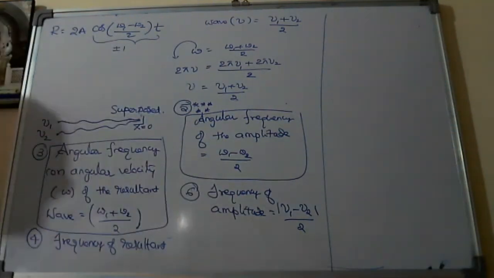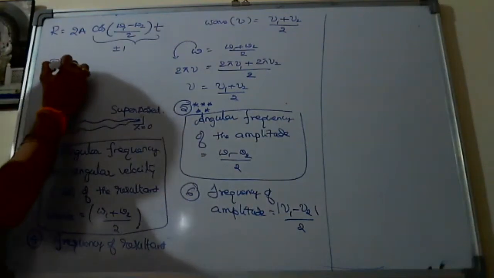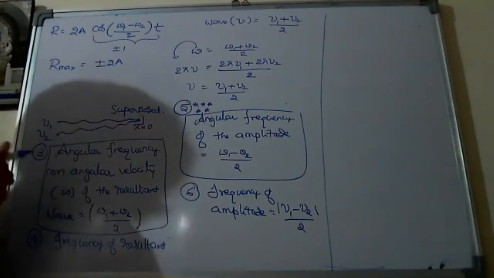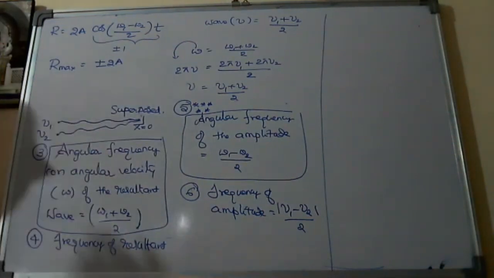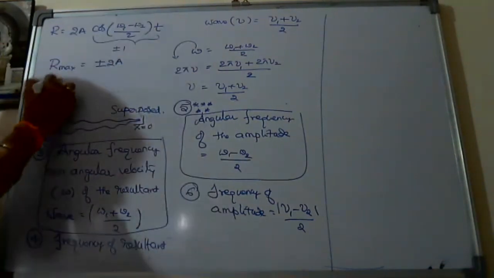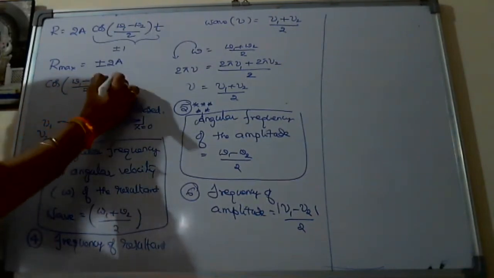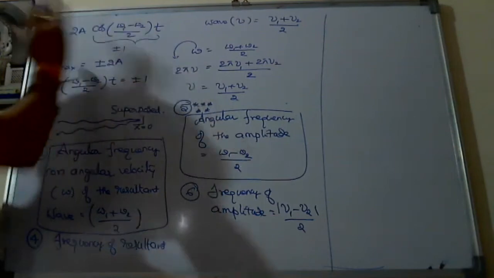So R max, the maximum value, is plus or minus 2a. That implies cos of (omega 1 minus omega 2) by 2 into t is equal to plus or minus 1.